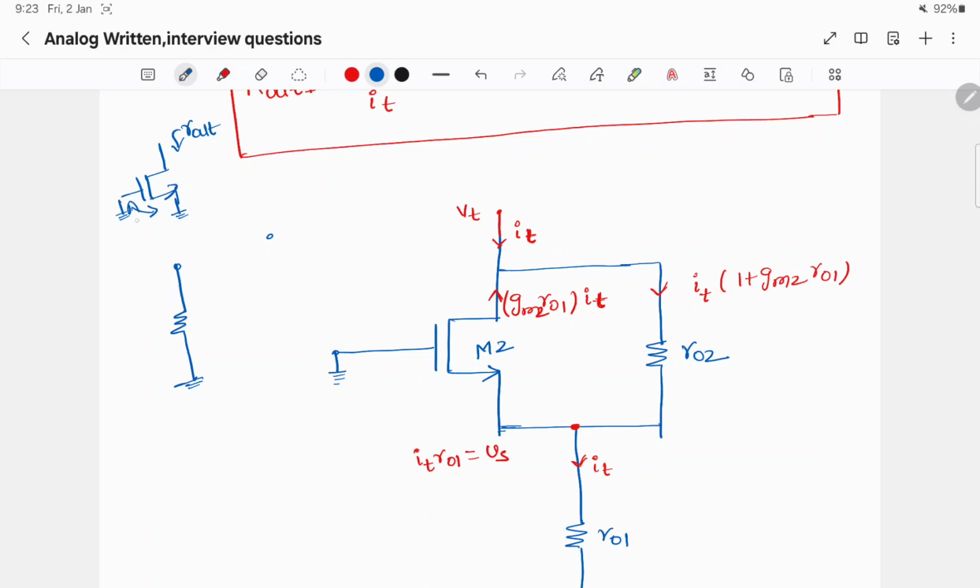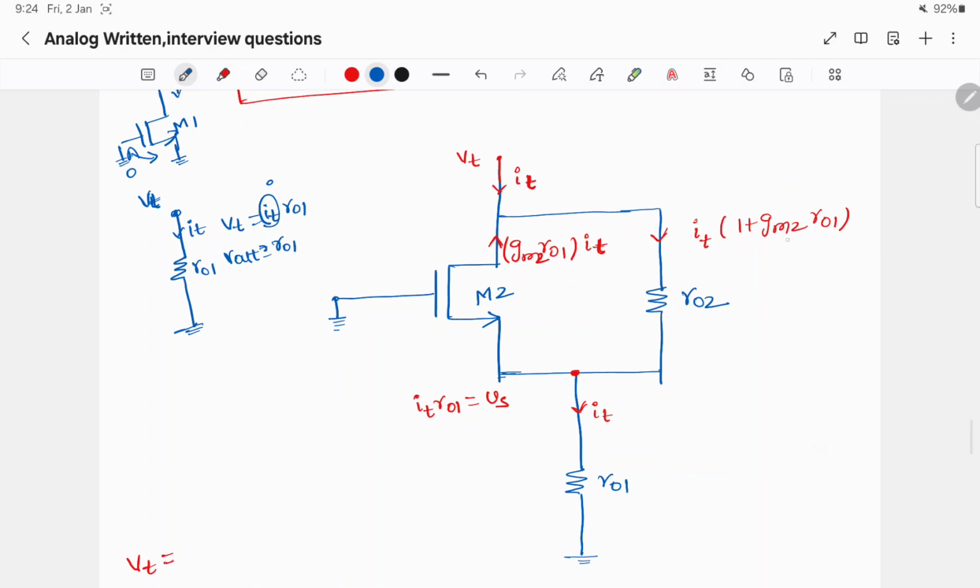In this case VGS will be 0 and I will be left with only ro1 if it is M1. So if the voltage is VT and the current flowing is IT, VT is nothing but IT times R1. If IT current is flowing through the R1 resistor, the equivalent Rout is R1.